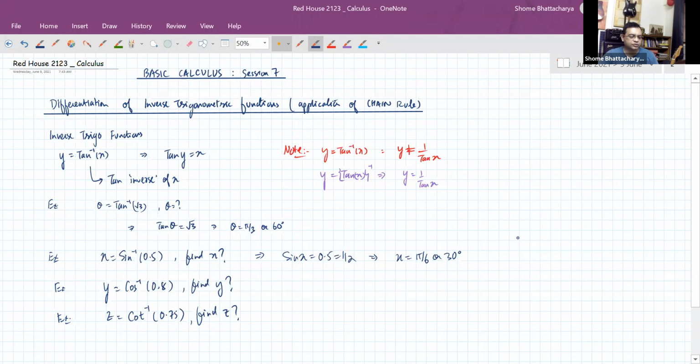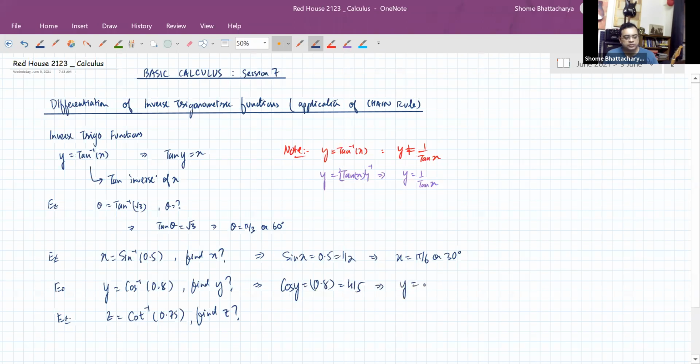Now, trigonometrically, of course, this is also equivalent to 5 pi by 6 or 150. But purely as a function, if we say x is sine inverse of some variable and that variable is 0.5, then we should take the value of x only as 30 degrees or pi by 6. Similarly, this implies that cos y is equal to 0.8 or 4 by 5.